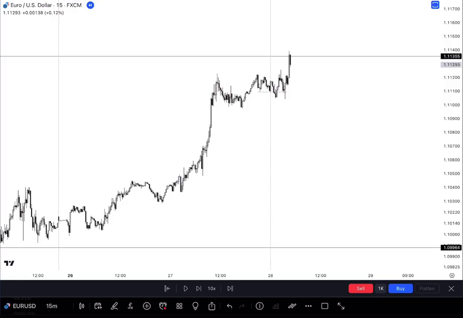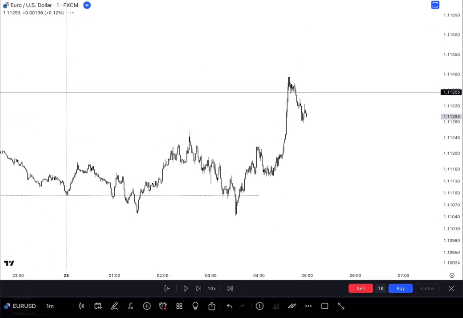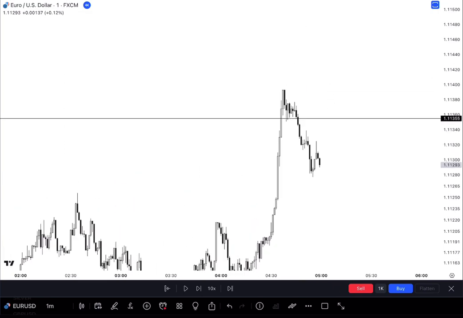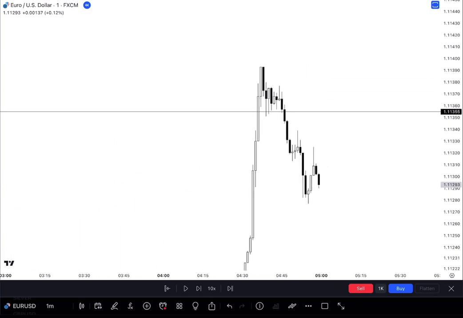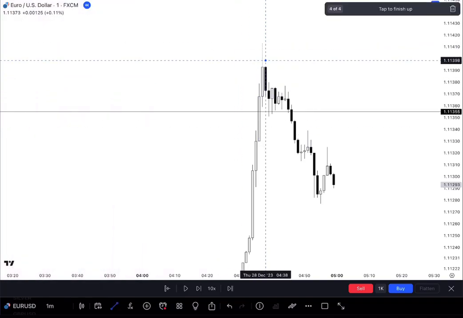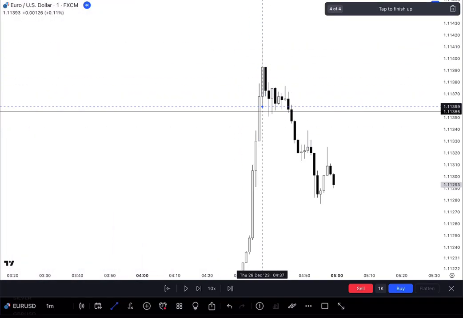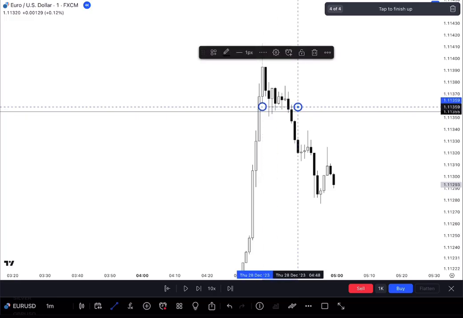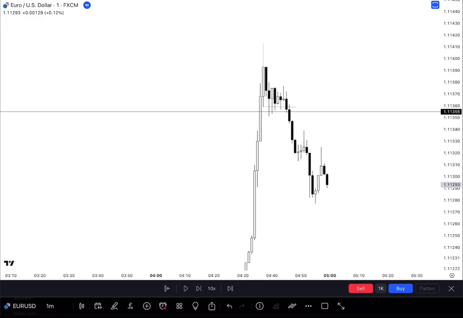My entry was as soon as we wicked below this specific candle over here. As soon as we showed weakness at this low, then that was a sell right there.